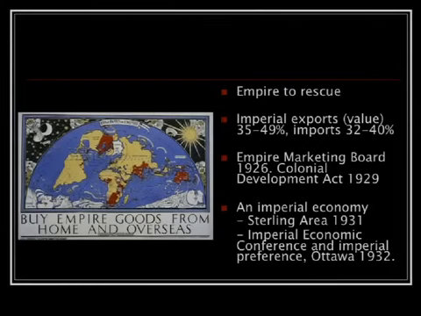And this was the attempt to bolster the value of the pound over the increasingly resurgent dollar, to try and hook these imperial countries into bolstering the British currency. So one consequence of this, as you can see, is that the dependence upon exports to the empire increases. And these figures are from 1922 to 1938.